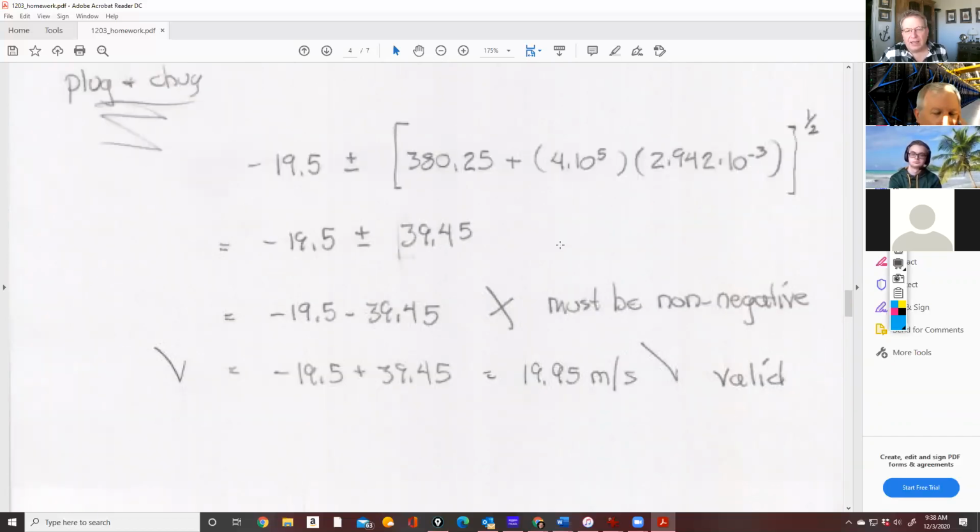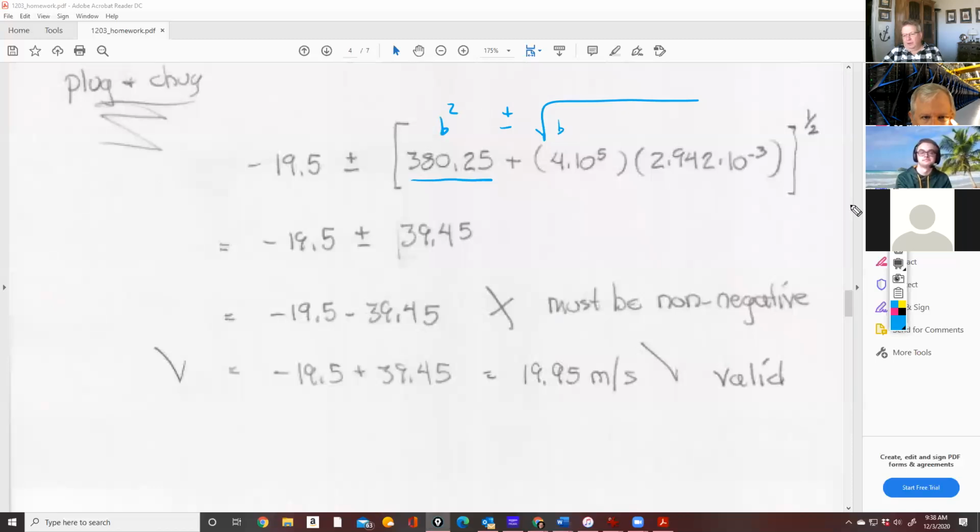So what you're basically looking at in this case is that you have 380.25, which is b squared, right? Plus or minus the square root of b squared minus 4ac.